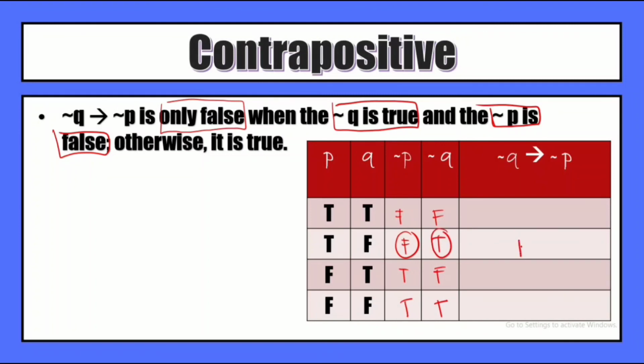So, sagot natin dito ay false. Okay? So, otherwise, it is true. Okay? That's it. So, ayan na ngayon yung paano mag-construct ng truth tables under of contrapositive, inverse, converse, negation, and conditional statement.